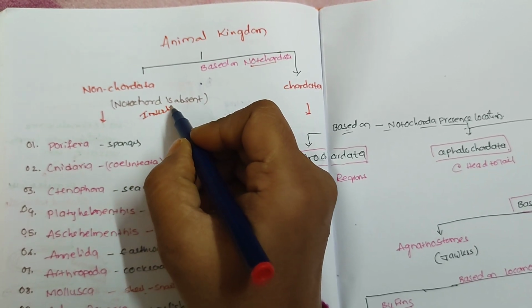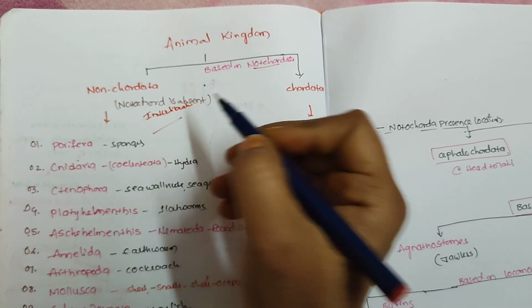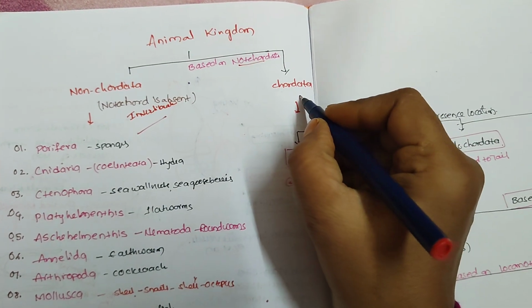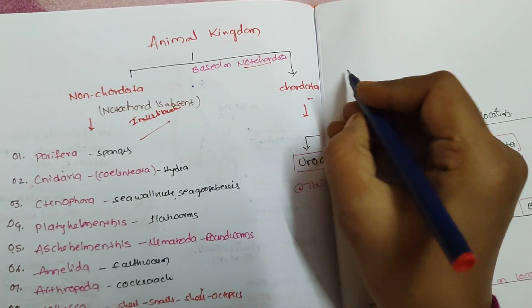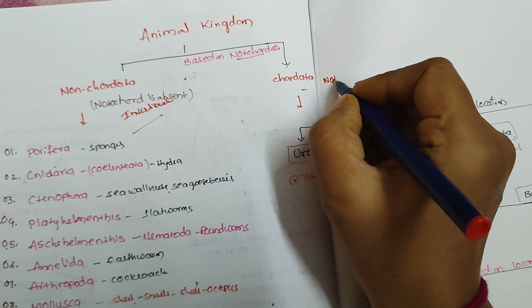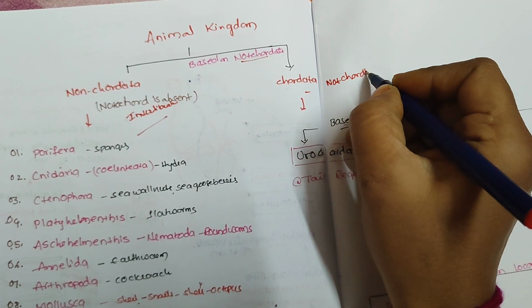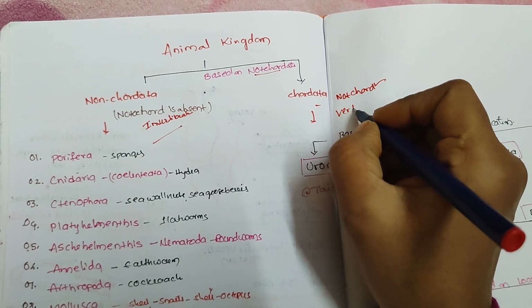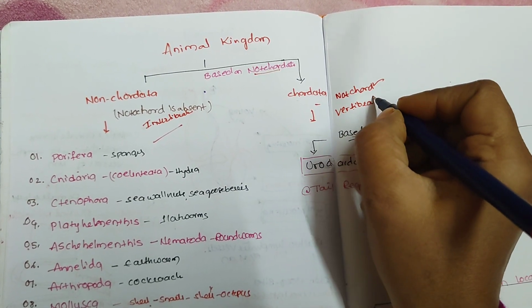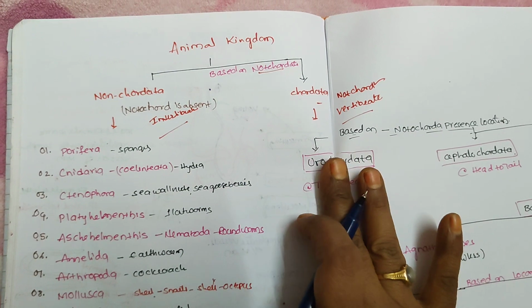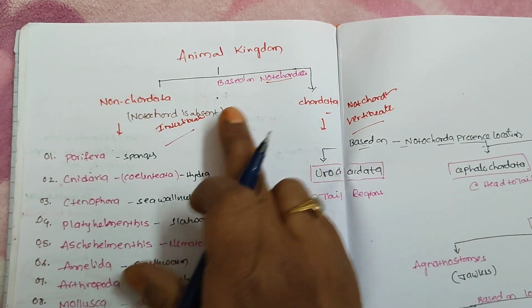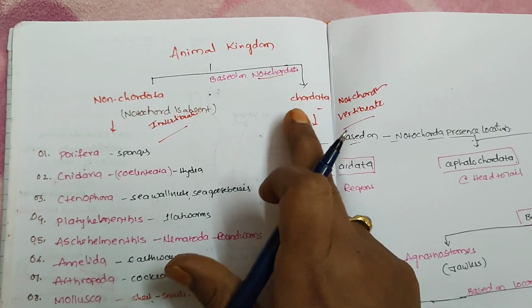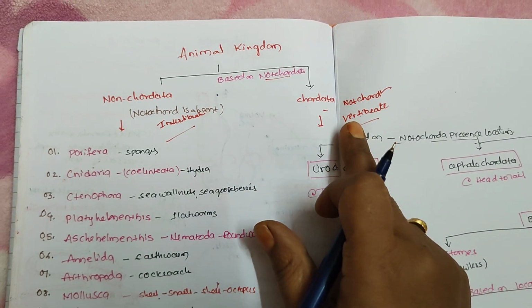There is a lack of vertebral column or notochord. Chordate has the notochord and also has the vertebral column. These are called vertebrates. So the total animal kingdom is divided into 2 based on the notochord: non-chordates, chordates, or invertebrates, vertebrates.